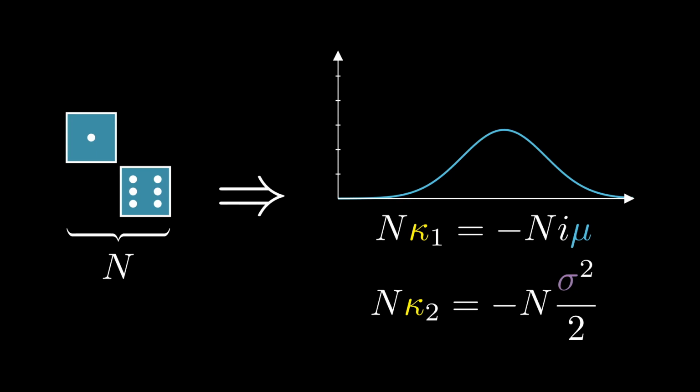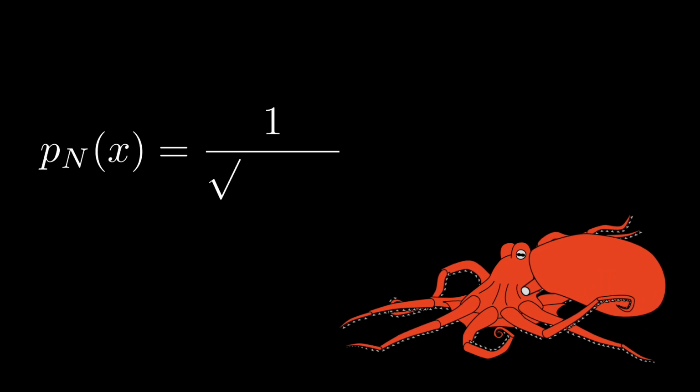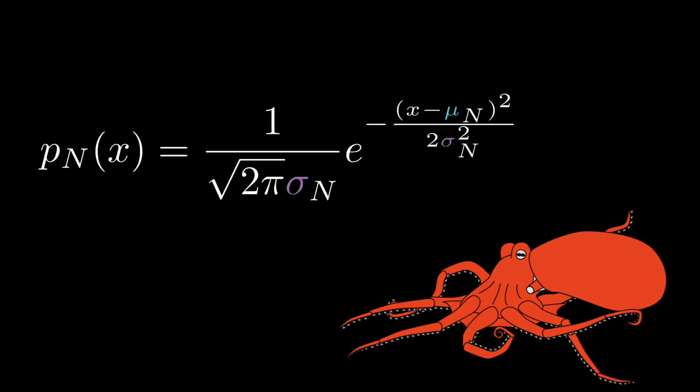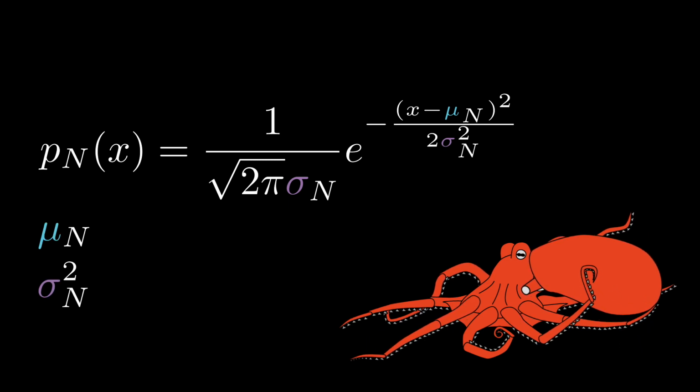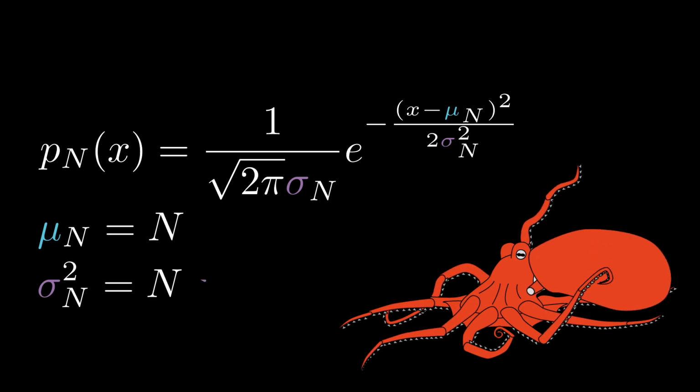To summarize, we've just shown that the distribution of the sum of n dice will approach a Gaussian distribution, and that the mean and variance of the sum of n dice will always be n times the mean and variance of a single die.